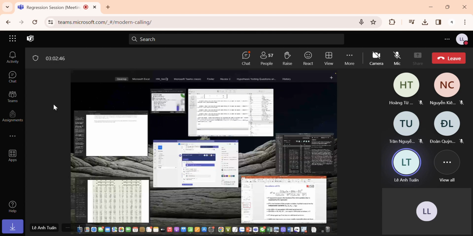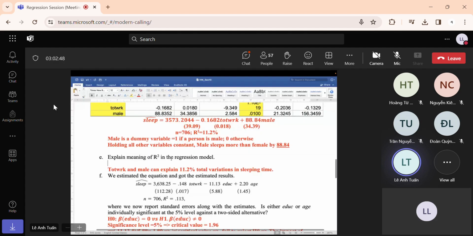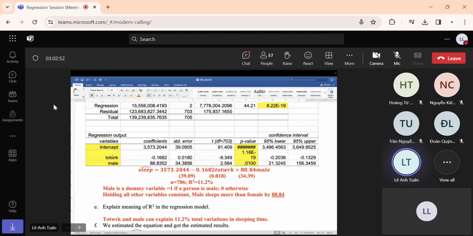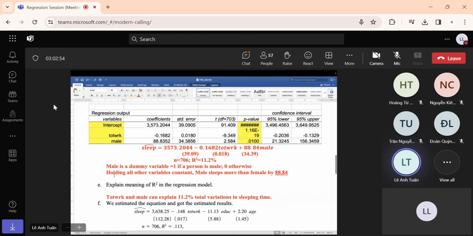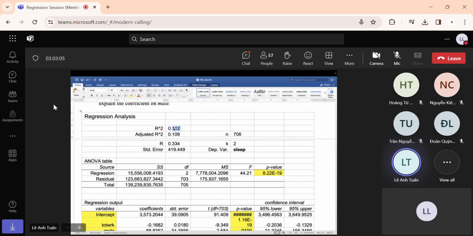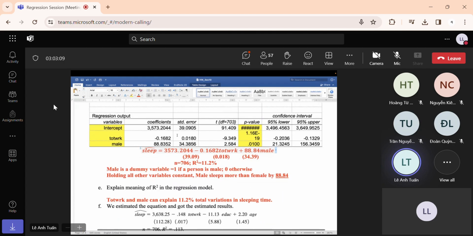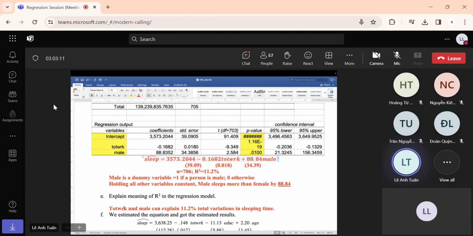And similarly, in this model we have two independent variables. We use total work and male to explain the sleeping time. In this model, R squared equals 11.2%.